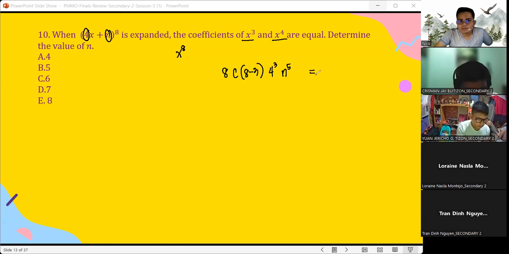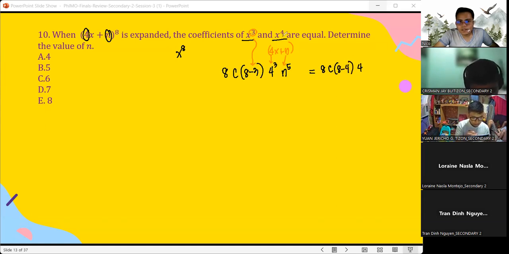So again, this is 3 here. Then this is 4x plus n. That's 4, that's n. Now it's said to be equal when it's x raised to 4. So the other one is 8 choose 8 minus 4.